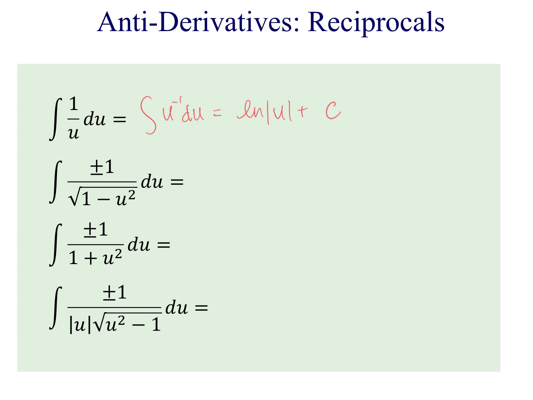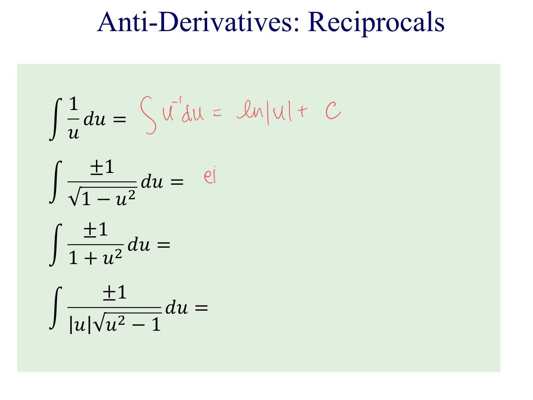The other ones that are 1/overs, if they match the format, are going to be an inverse trig. So what's that first one with the square root of 1 minus u squared? Do you remember what that antiderivative is? It's the inverse of sine or cosine.